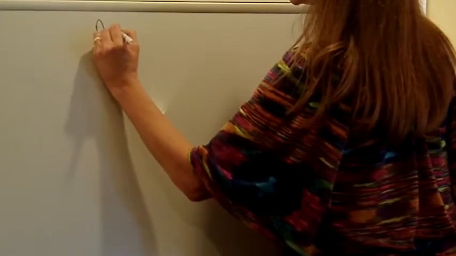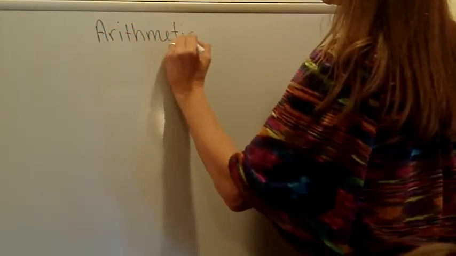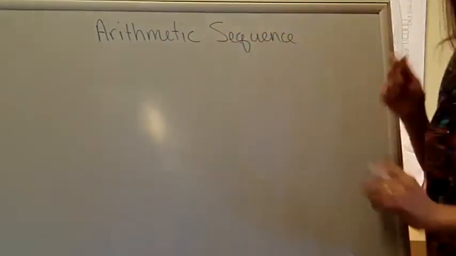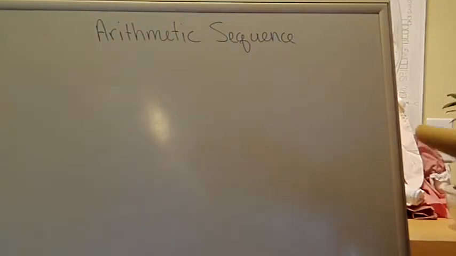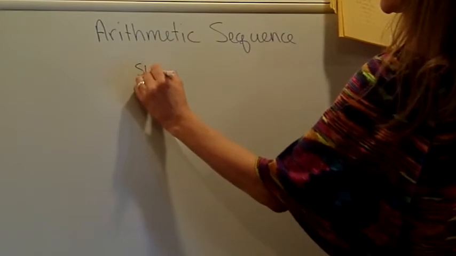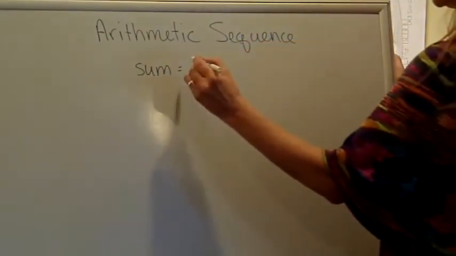There are two formulas you need to remember about the arithmetic sequence. The first one is, if you know the sum of the terms, this is one you need to know.